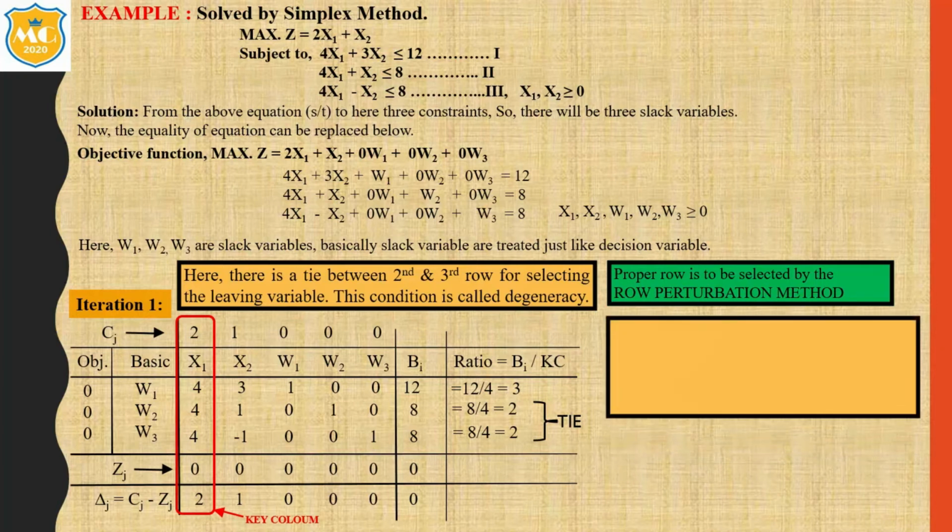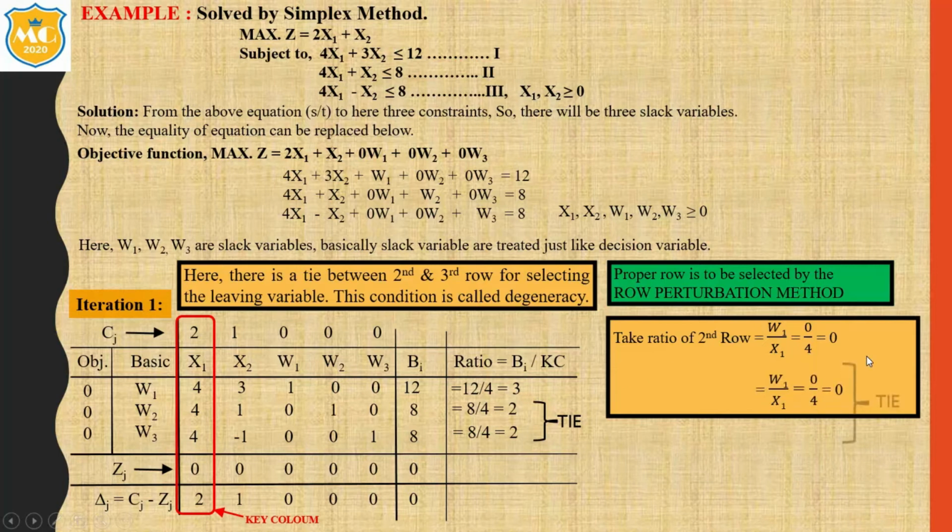So in that we have to find out the ratio for the tie rows. So here first we have to consider the second row value, that is w1 divided by x1. So 0 divided by 4, 0. Similarly third row value 0 divided by 4.